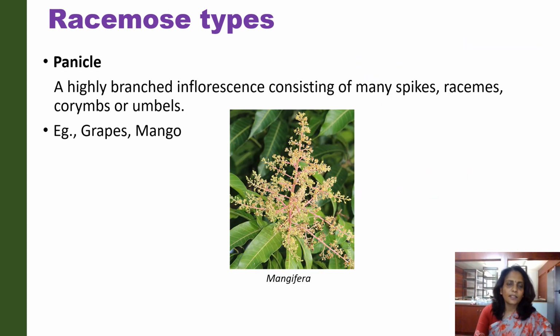A panicle is otherwise called a compound raceme, where a number of lateral branches are given out from the peduncle, which consists of a number of flowers, which may be spike-like, raceme, corymb, or umbel-like. Example, grapes or mango.